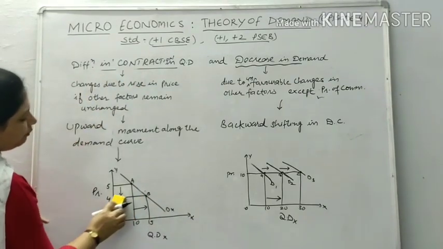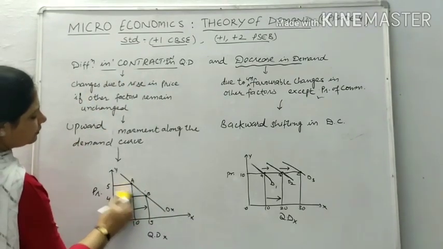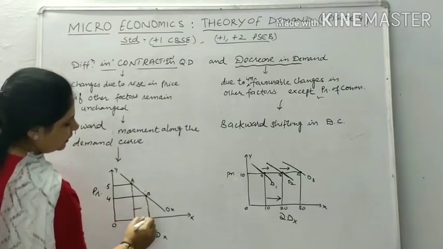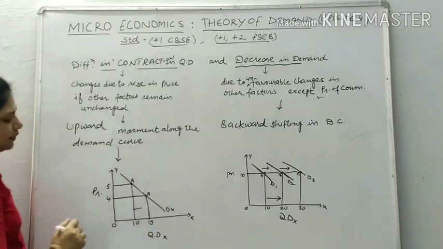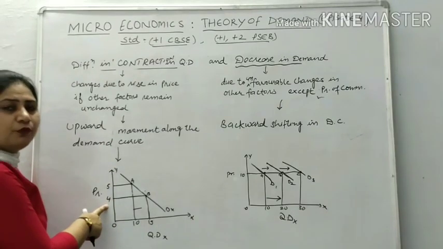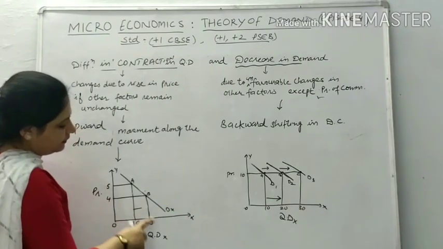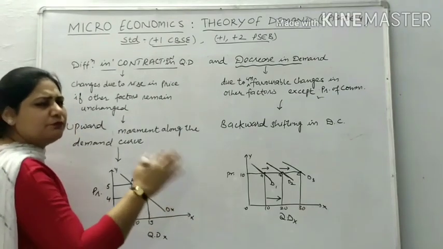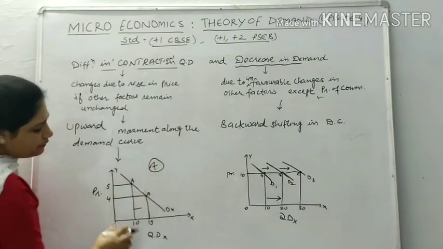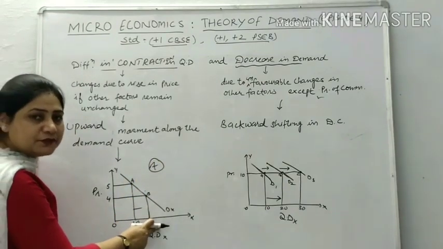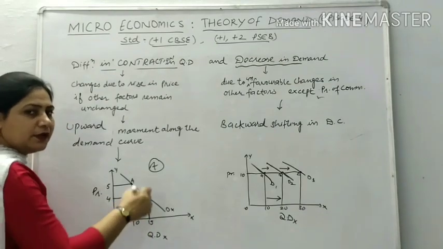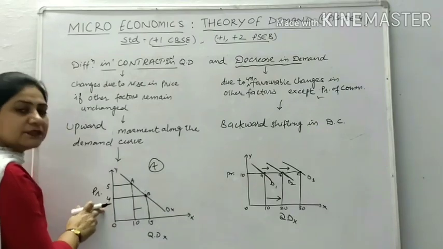Now we have changed this situation to show the desired results. Suppose the price is 4 rupees per piece and consumer A is willing to purchase 15 units of the commodity, and point B indicates this condition.